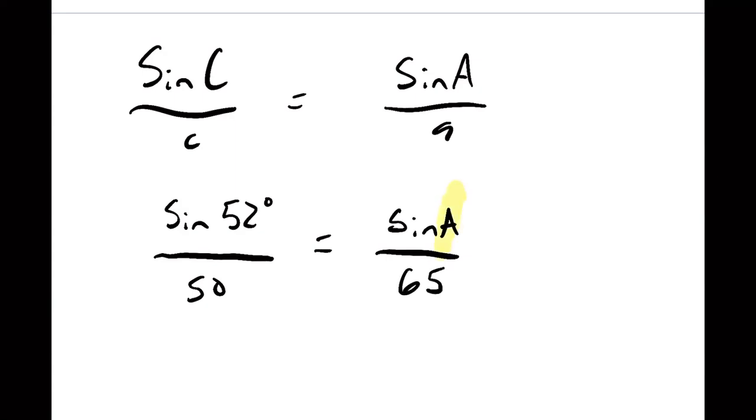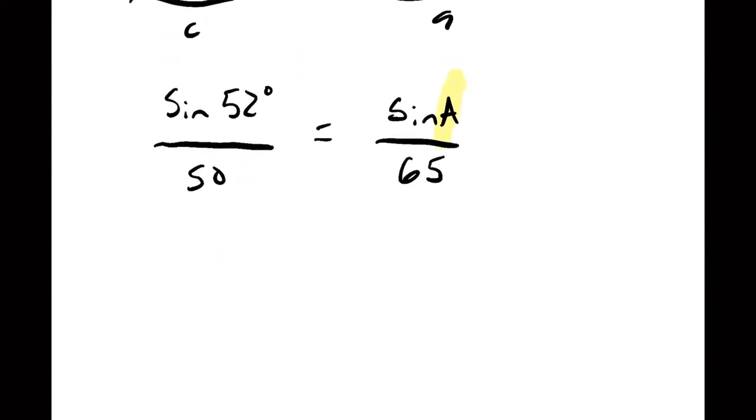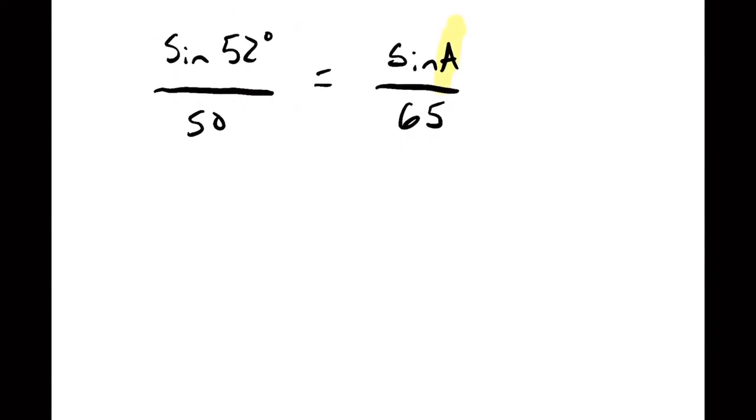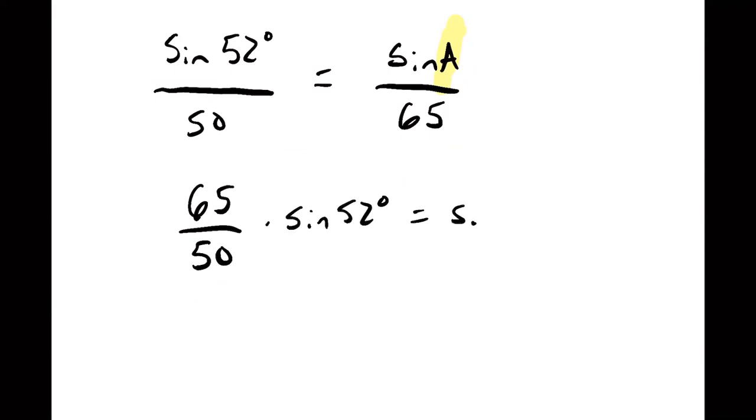So we want to solve for angle A here. Multiply both sides by 65, and we get 65 divided by 50 times sine of 52 is equal to sine of A.